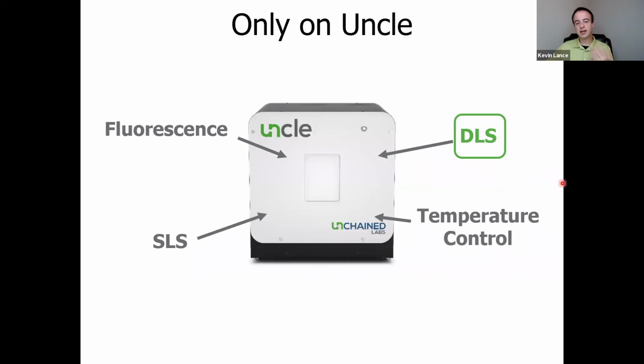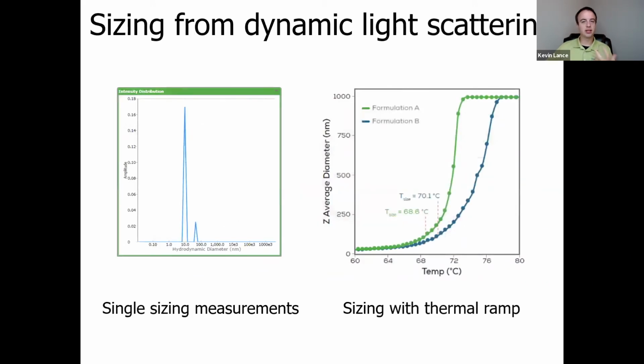Okay, and lastly, DLS is another very unique opportunity at UNCLE. So having the ability to get DLS on the same sample as fluorescence and SLS is where UNCLE really shines, because it helps you to answer some questions about the quality of your sample and the quality of your experiment very definitively. So in this case, DLS, we can take either a single sizing measurement, sort of a snapshot, and understand at one point in time, what is our size and size distribution.